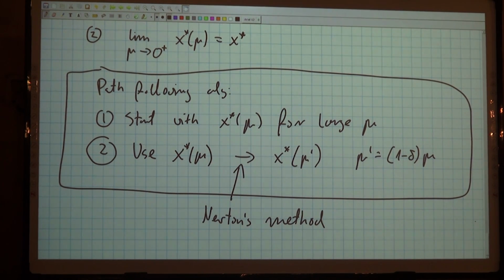And again, just to tell you very quickly, the very interesting thing about Newton's method is that as long as you are guaranteed to start from a point that is sufficiently close to the optimum, your convergence is extremely fast. It's actually double logarithmic in 1 over epsilon. So the point is that as long as the new mu is close enough to the old mu, you have the guarantee that you are in this radius of rapid convergence.